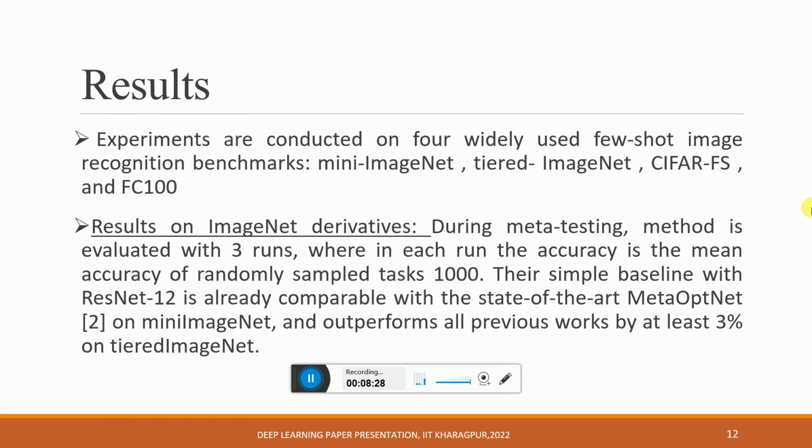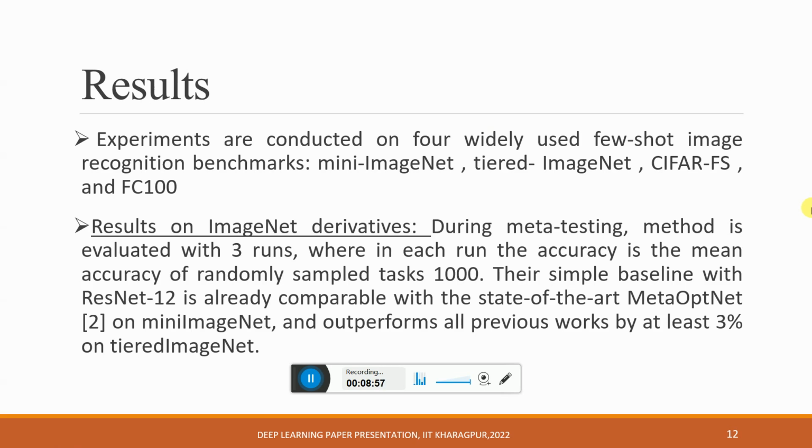Results. During meta-testing, the evaluation is done for each method with 3 runs, wherein each run the accuracy is the mean accuracy of 1000 randomly sampled tasks. Their simple baseline with ResNet-12 is already comparable with the state-of-the-art MetaOptNet on MiniImageNet and outperforms all previous work by at least 3% on TieredImageNet.